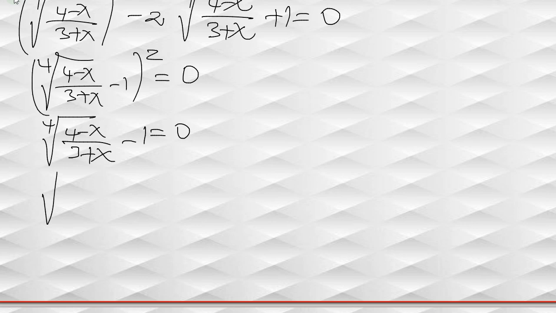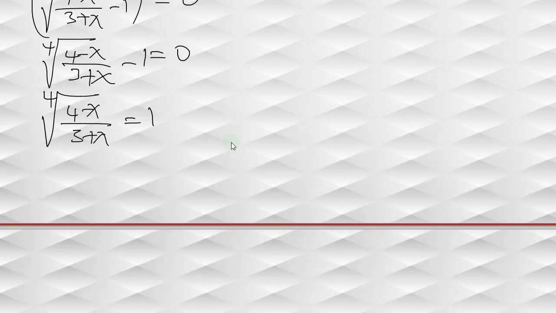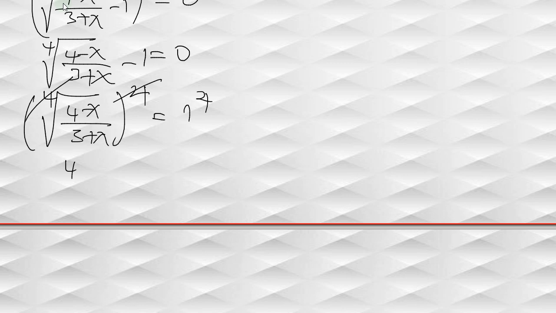So we're gonna have now that the 4th root of 4 minus x over 3 plus x is equal to 1, and we take both sides of the equation to the power of 4, right? So we have this to the power of 4, and 1 to the power of 4 is going to be 1. Cancel the root and the power. So we're going to have 4 minus x over 3 plus x equal to 1.